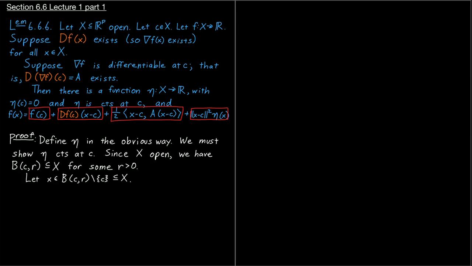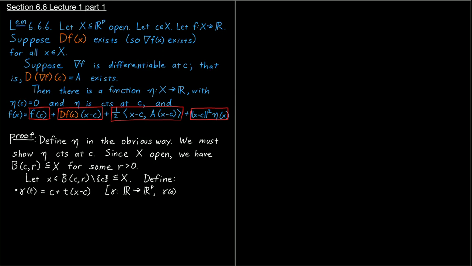And now we are going to define some auxiliary functions. So first off, gamma of t is C plus t times X minus C. So that means gamma is a function from the real numbers into Rp.